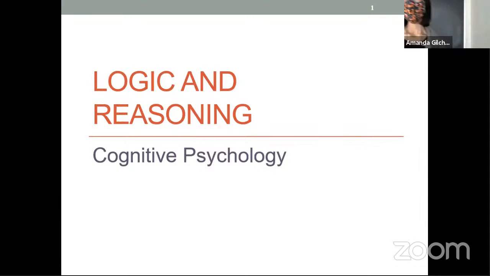For some of you, this is probably going to be the hardest section to wrap your head around, because the principles of logic and reasoning are very different from how we informally reason. Actual formal logic is very different from informal logic.